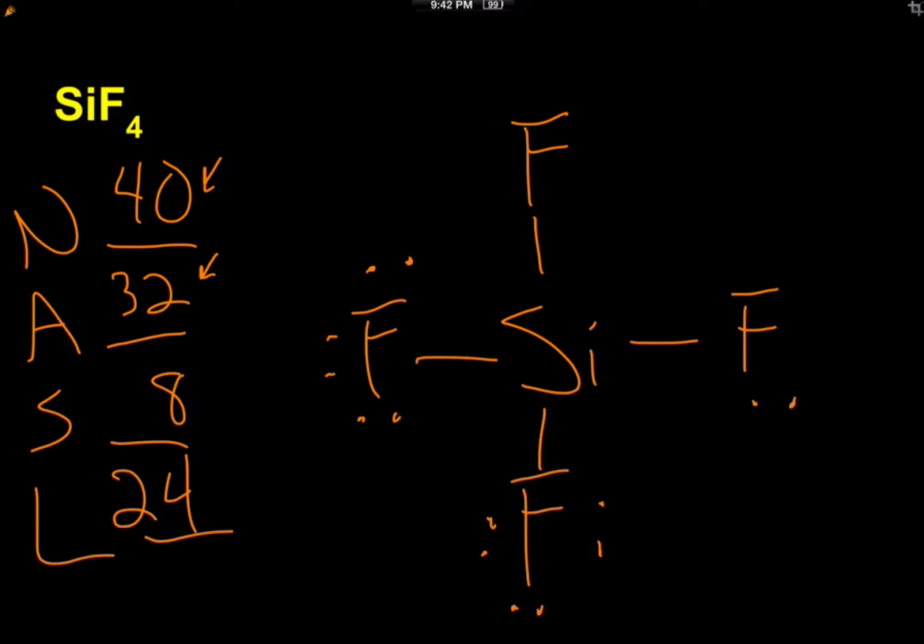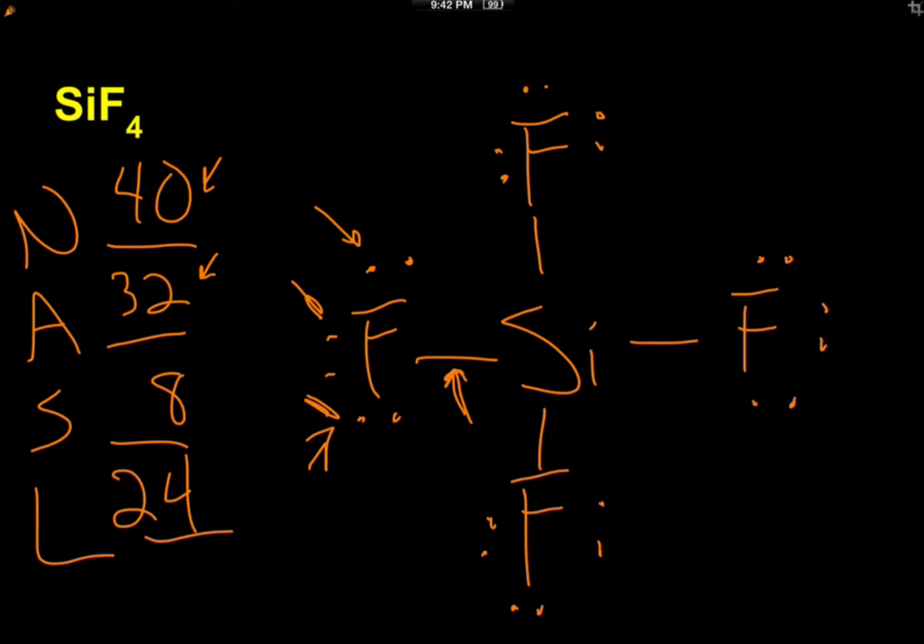When you go back around and look at all of the atoms, they now all have 8 electrons. The fluorines each have 6 unbonded electrons, or 3 lone pairs, and then 1 bond. That makes a total of 8. Right, 2, 4, 6, 8, and that's the same for all 4 fluorines.